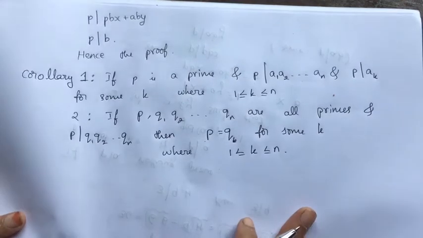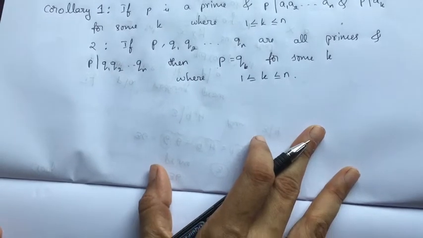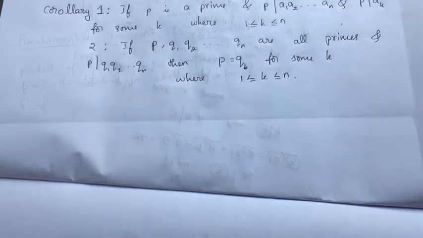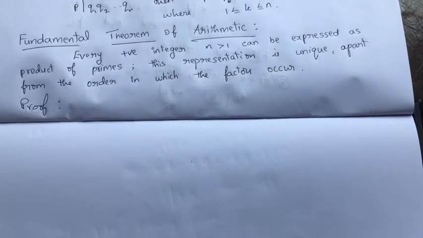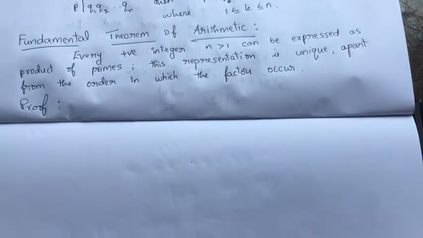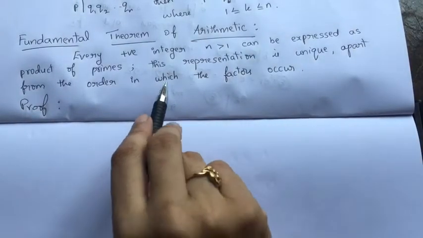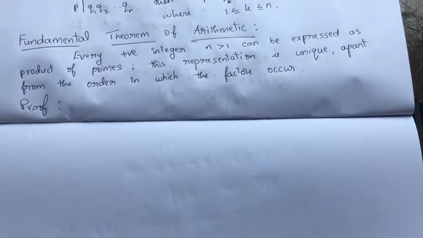Now let us look at one important theorem, that is the fundamental theorem of arithmetic, which is also called the unique factorization theorem. The unique factorization theorem says every positive integer n greater than 1 can be expressed as a product of primes, and this representation is unique apart from the order in which the factors occur.